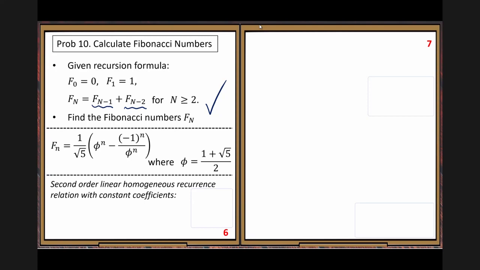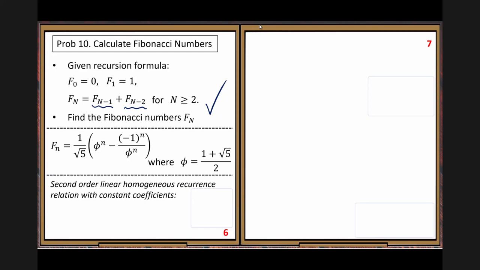So that's the second order. Fn can be represented by two consecutive previous sequence numbers. Second order.